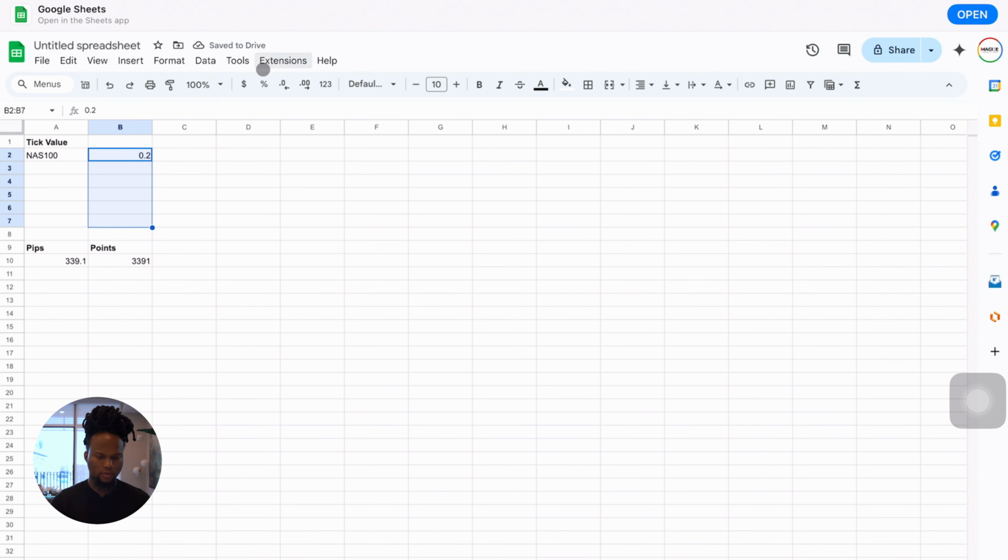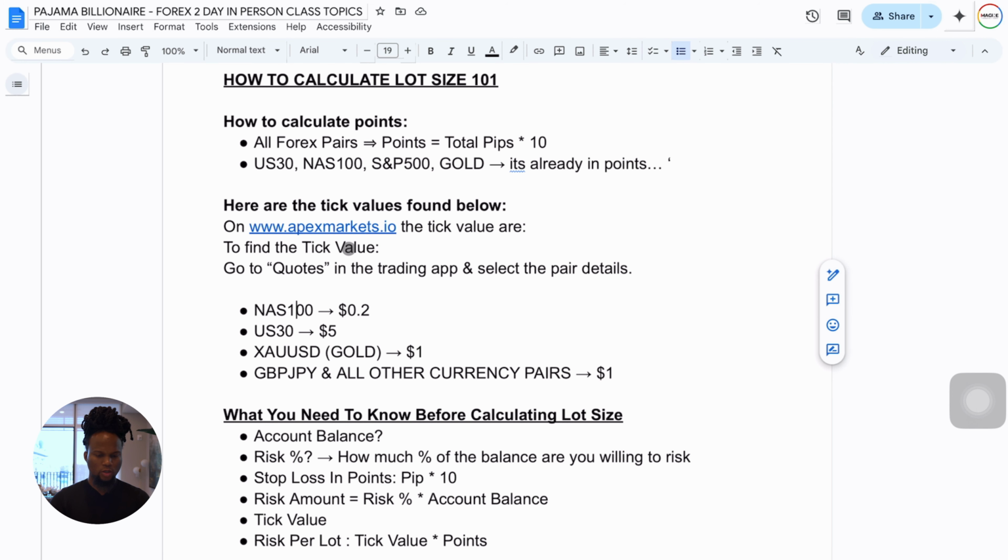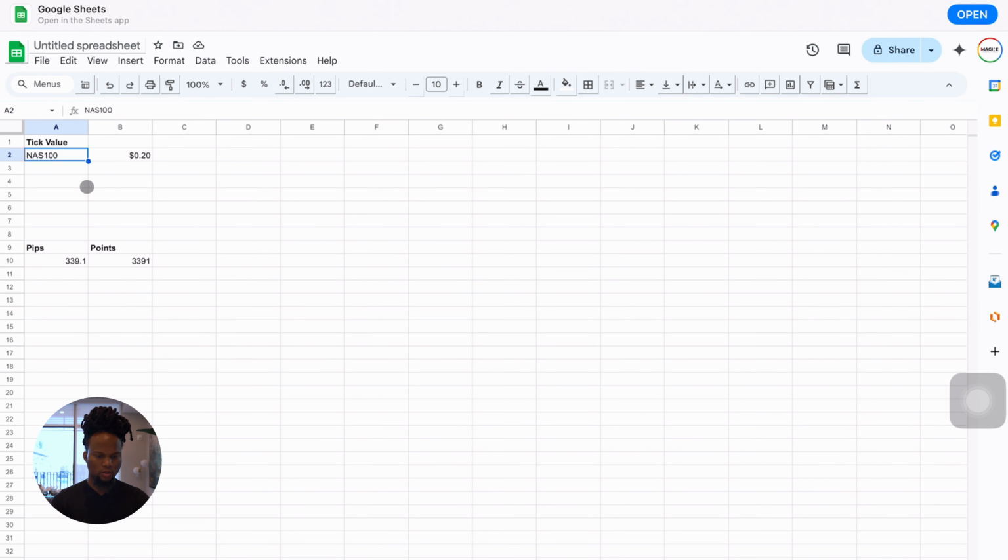All of these are dollars. So NAS 100 is 0.2 per point. US 30 is $5 per point, so you get $5 every increment the market moves.